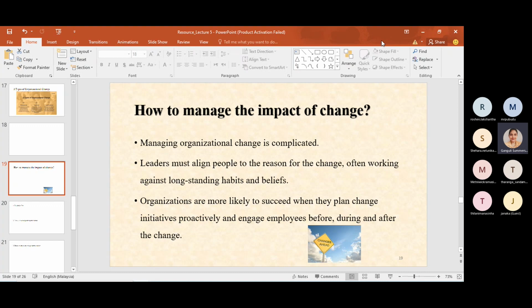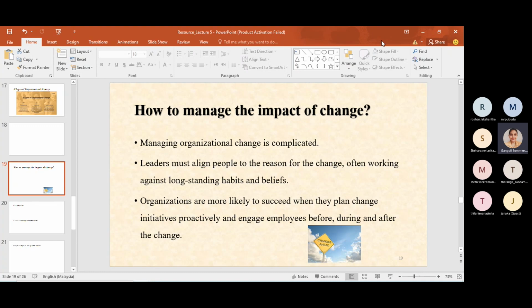Impact means how the people are going to be affected. Impact means balapana. Right. So the leaders of the company should know how to successfully manage the impact of these changes.